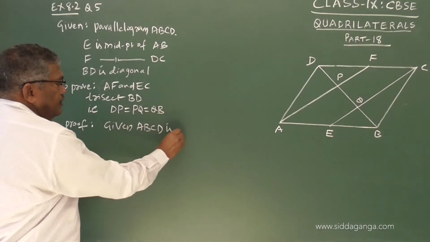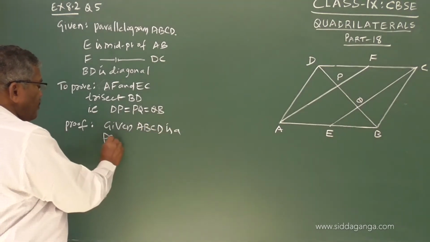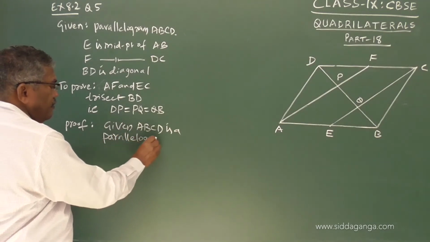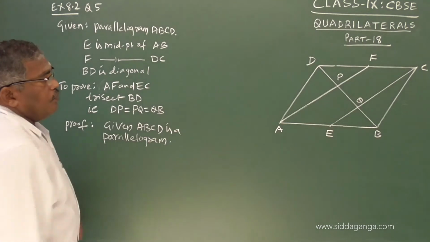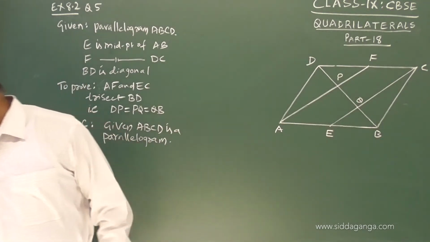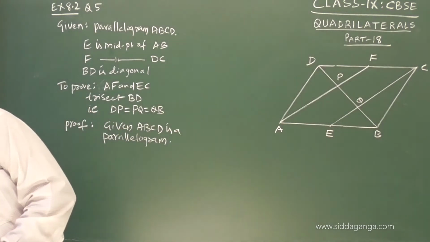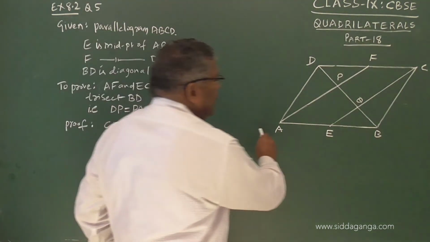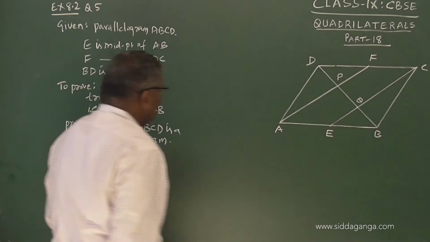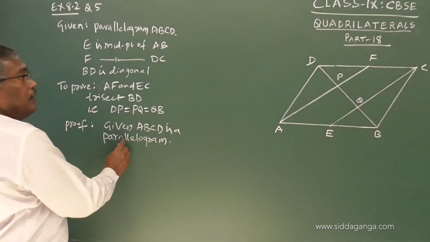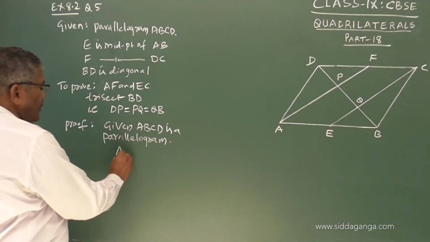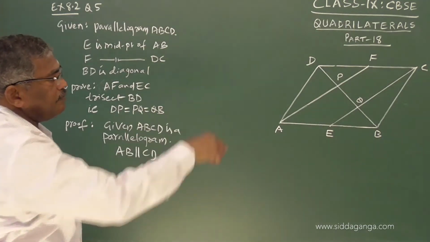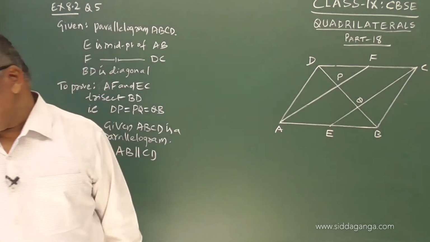With that information, what we get is AB is parallel to CD. Therefore, AB parallel to CD, opposite sides of a parallelogram.